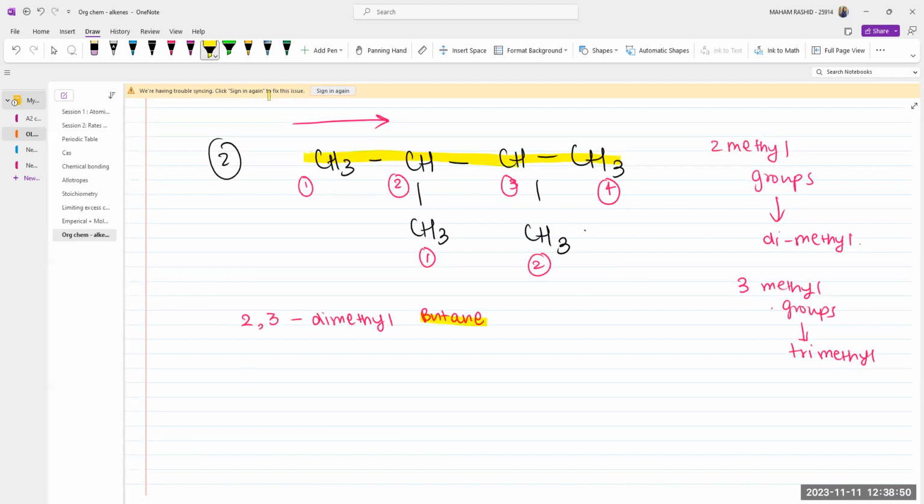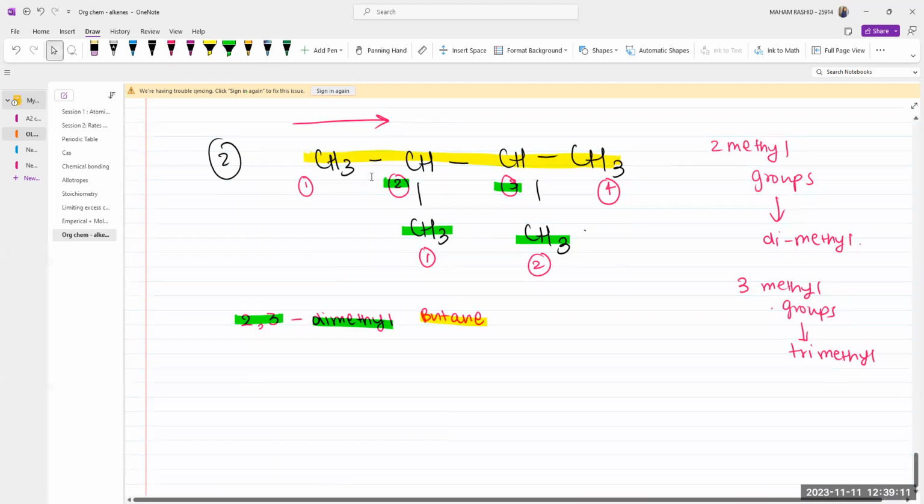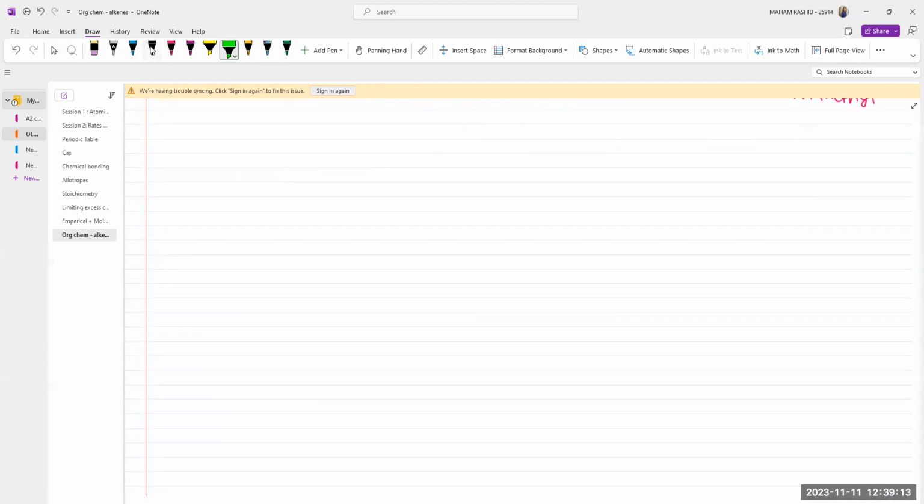Because we have 4 carbons, and then we have a dimethyl. Why do we have a dimethyl? Because we have 2 methyl groups. And why do we have 2,3? Because our methyl groups are on position number 2 and position number 3, right? Now let's do another example, and then we move on to the reactions for alkanes.